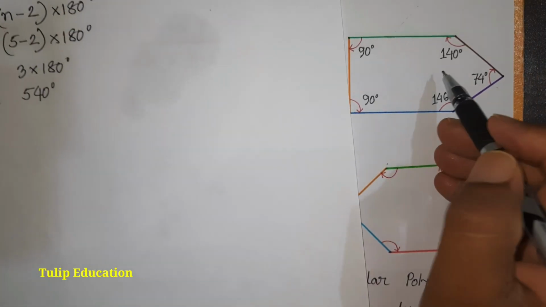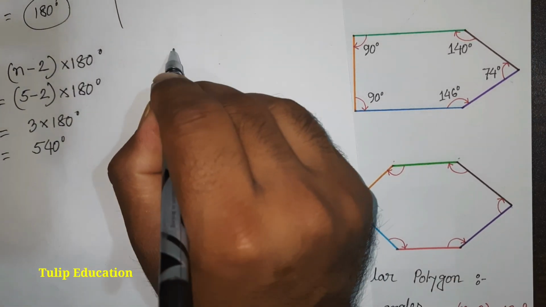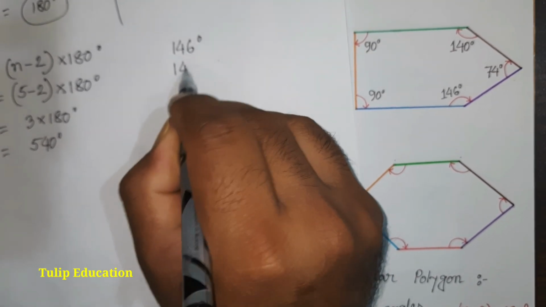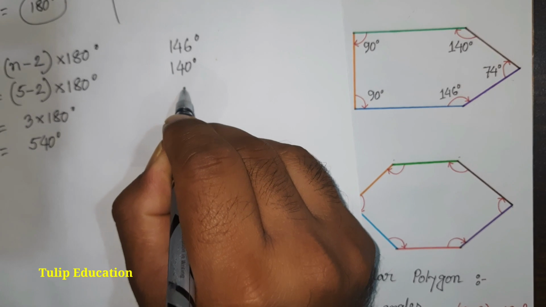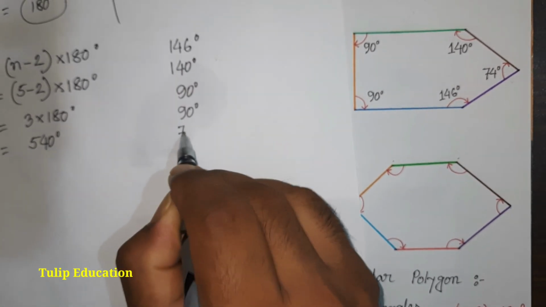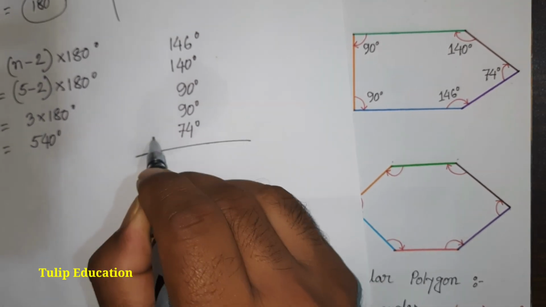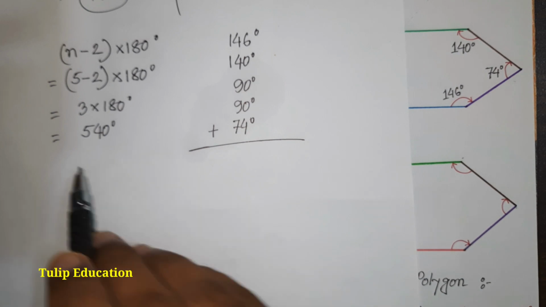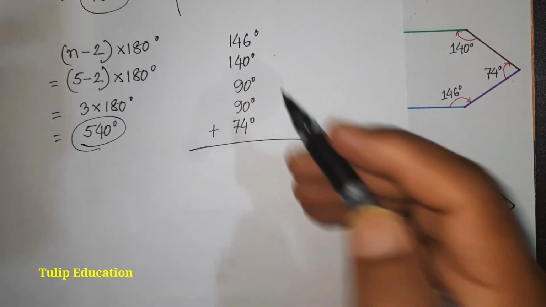Now if we add all 5 angles, just like 146 degrees, 140 degrees, then 90 degrees, another 90 degrees, and 74 degrees, what will be the value? We just verify our answer whether it will be 540 degrees or not.